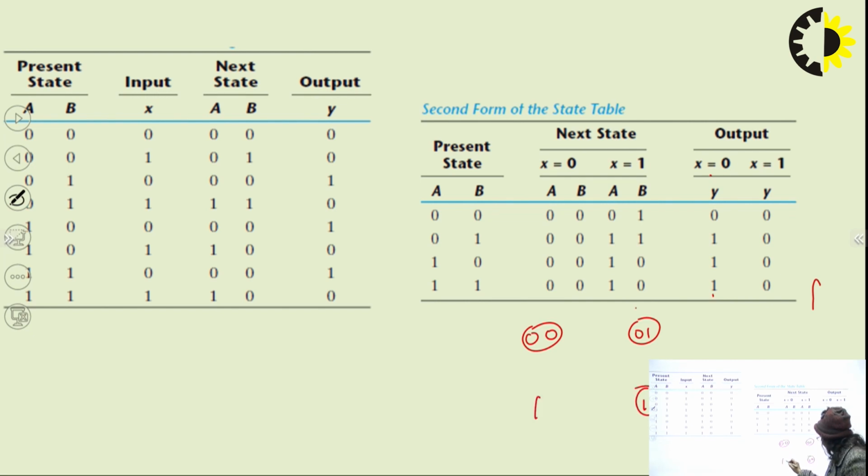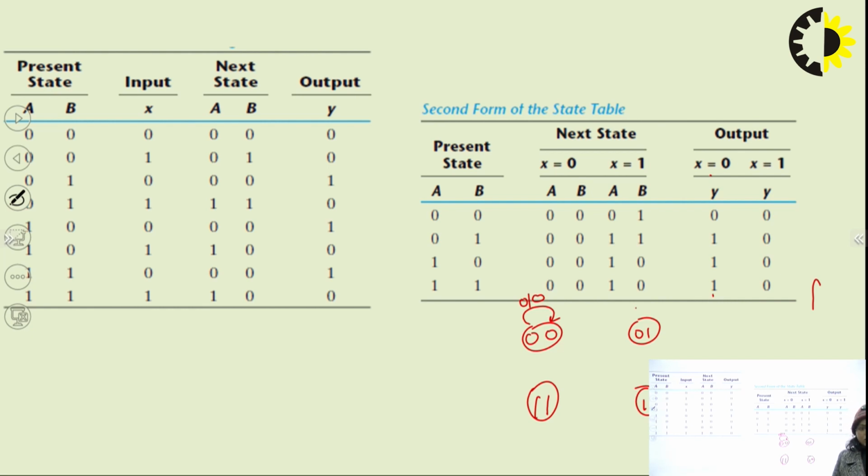and 1 1. So, we can say that for 0 0 to 0 0, input is 0 and output is also 0.